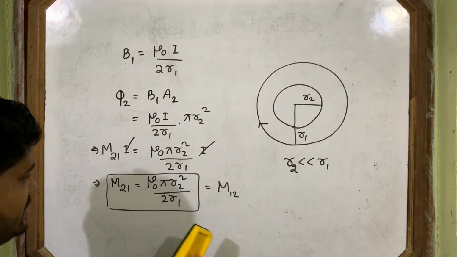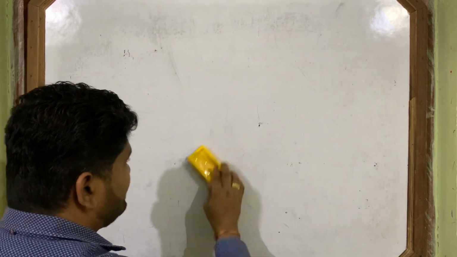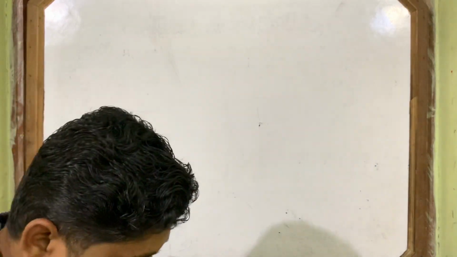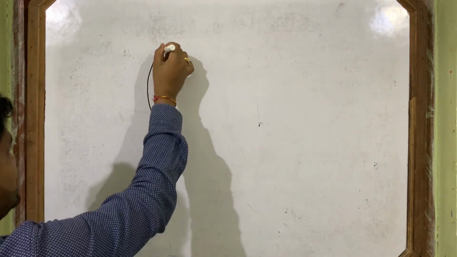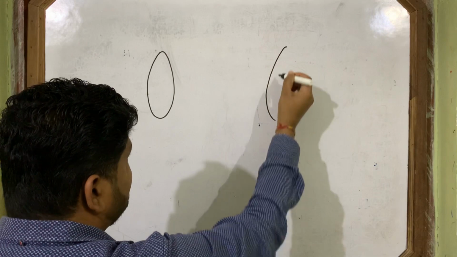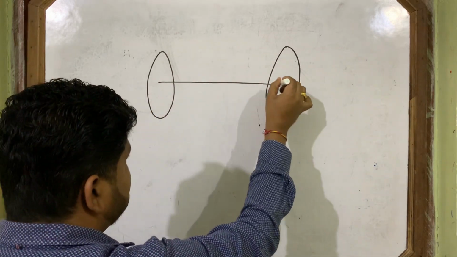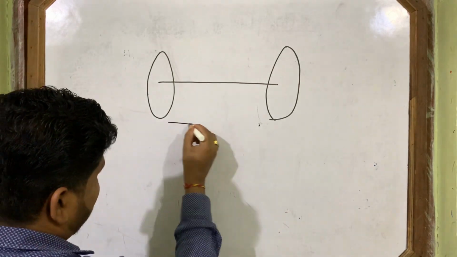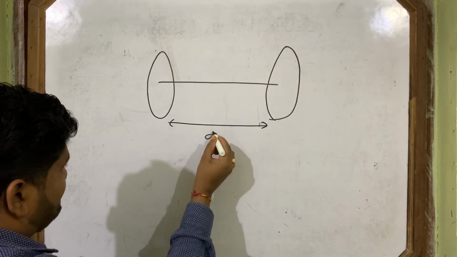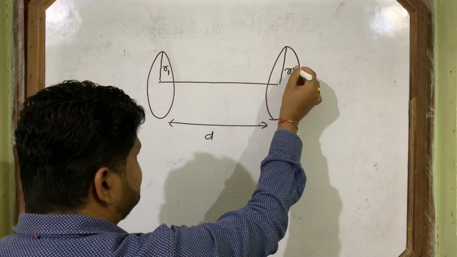Another question I am doing here, which sometimes comes in exams. The question is like this: two coaxial circular coils separated by distance d, with radius R1 and radius R2.